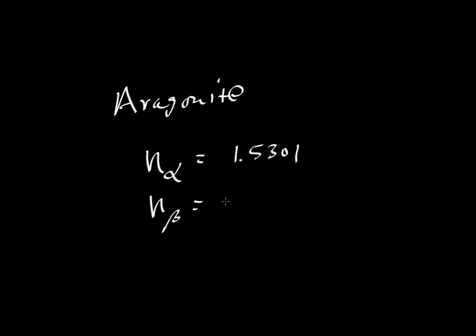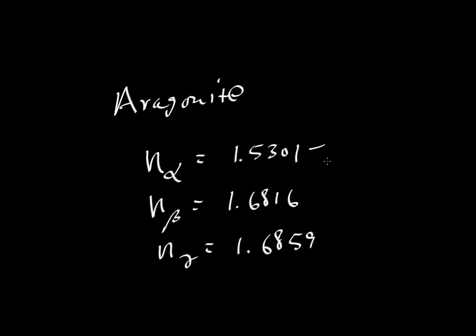So let's say we have the mineral aragonite. Aragonite, you'll see three values, an N alpha, which is about 1.5301, and then an N beta, which is 1.6816, and then an N gamma, which will be about 1.6859.